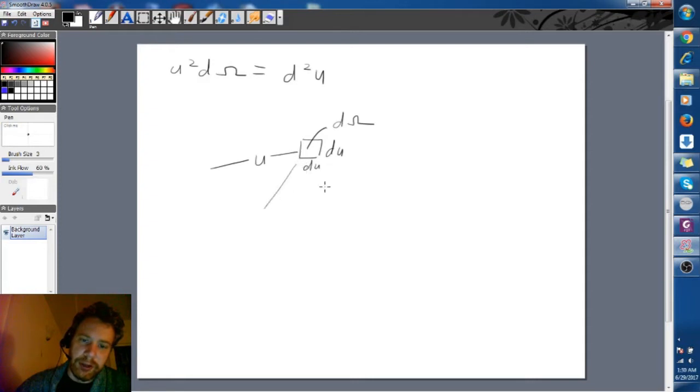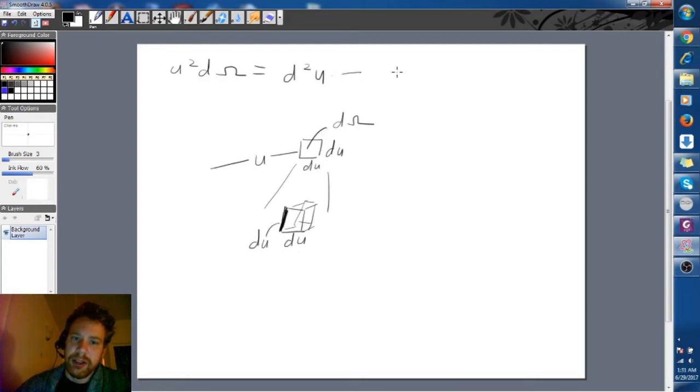If we were to take this and draw it on a sort of side view, we have du here. Now if we were to expand this by a factor of du, now we have our cube, du by du by du, as I mentioned at the start of this video. So in effect, if we multiply both sides here by du, then we're expanding this out to a cube, and likewise here, we're expanding that out into a three-dimensional volume.